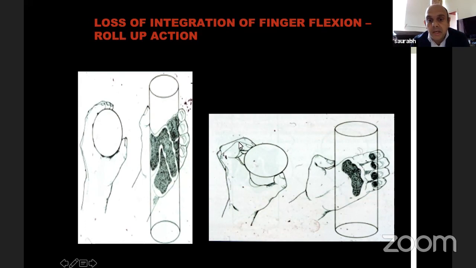So the PIP and DIP flex very quickly, and as a result, the patient is not able to bring the fingers all across the tumbler. This is known as a roll-up action. You can see there's a big gap between the palm and the tumbler. And if it was a big glass, a big jug, they will hit the jug rather than grasping the hand around it. So that's a roll-up action.